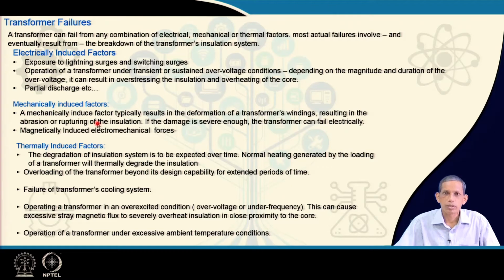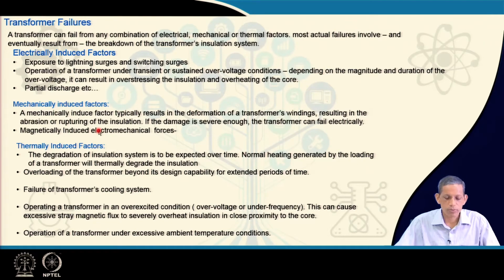Thermally induced factors: slowly the insulation degrades due to aging, and continuous heating happens due to the loading of the transformer. Overloading of the transformer beyond the designed capacity degrades the insulation faster. If the cooling system of the transformer fails, then more heating will occur in the winding and associated insulation.